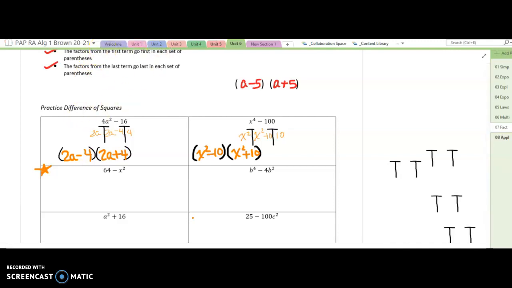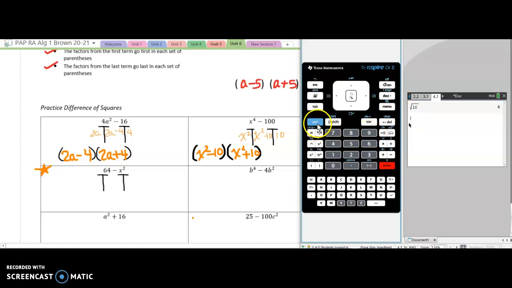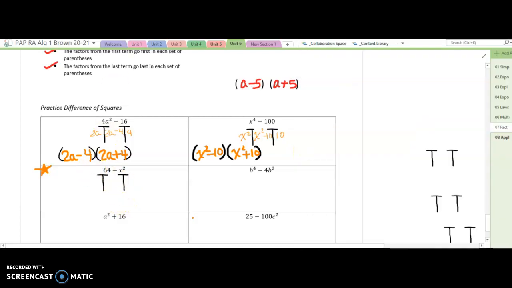So we have 64. Let me grab these things over here and move them over here. That way I don't have to redraw them. All right, 64. Let's see, square root of 64 is 8. All right, so I have an 8 here, and an 8. 8 times 8 gets me 64.